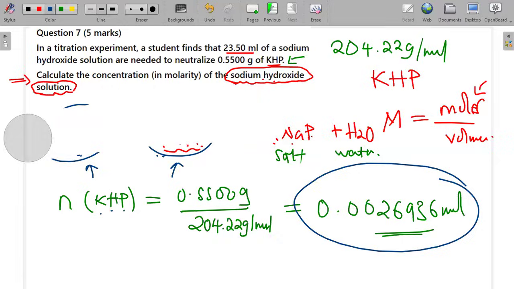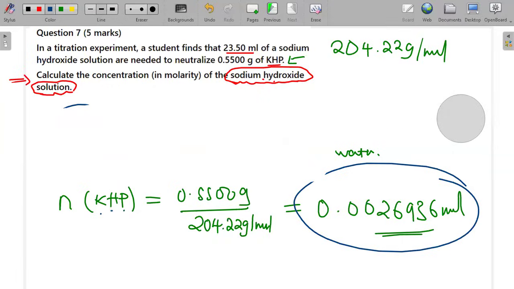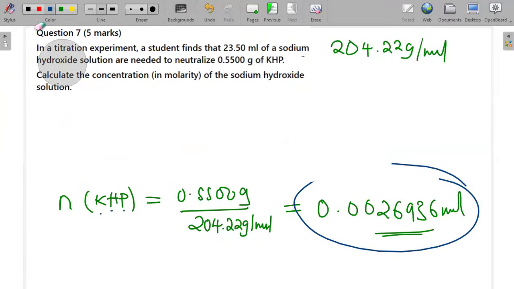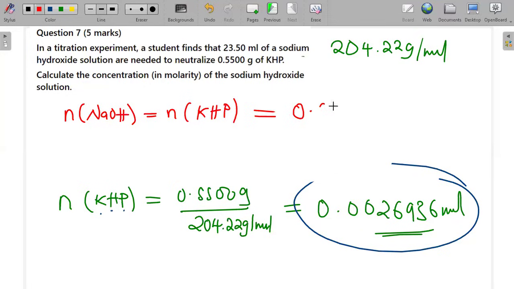So moles of sodium hydroxide are equal to the moles of potassium hydrogen phthalate, because the mole ratio I found was 1 to 1, which equals 0.0026936 moles.